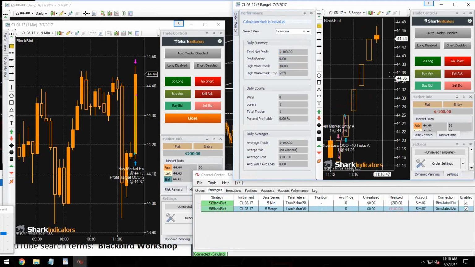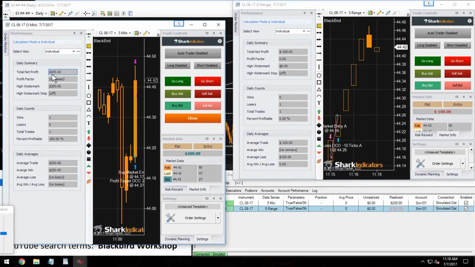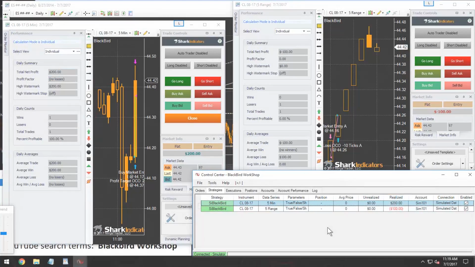We can see the short lost $100, as Ninja shows, and then the other BlackBird over here made a profit, showing a profit of $200, which matches with the Control Center as well.